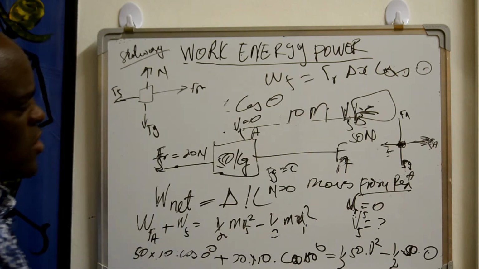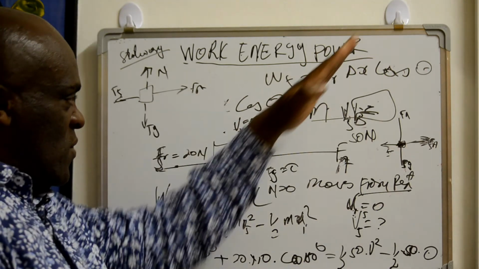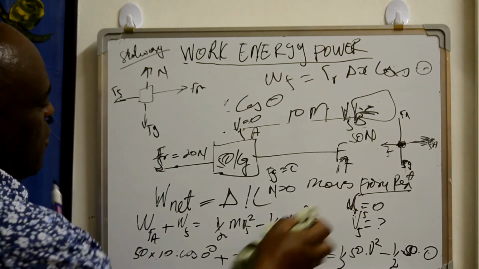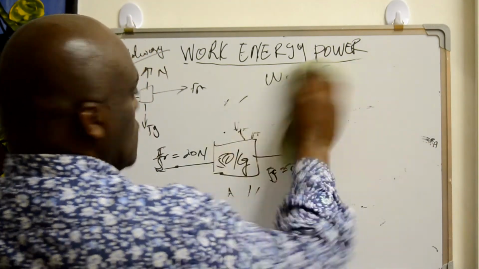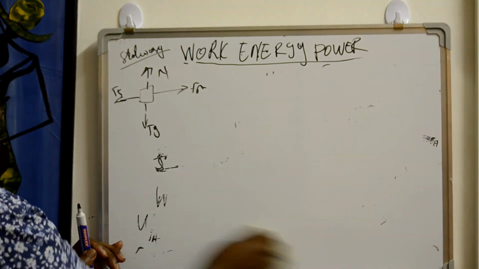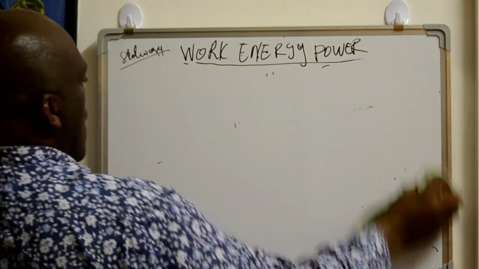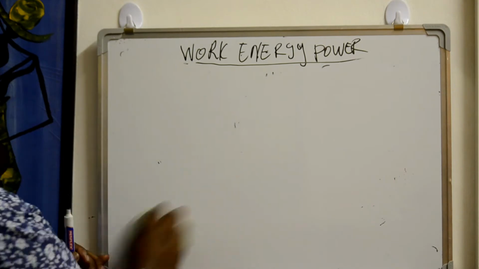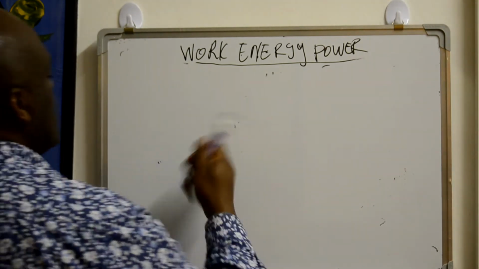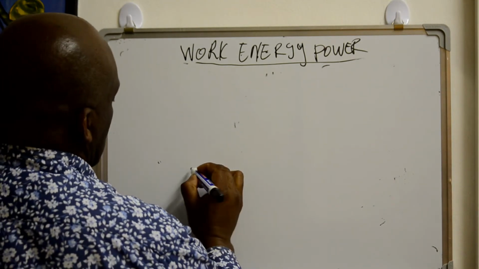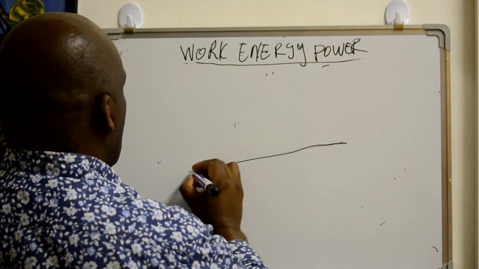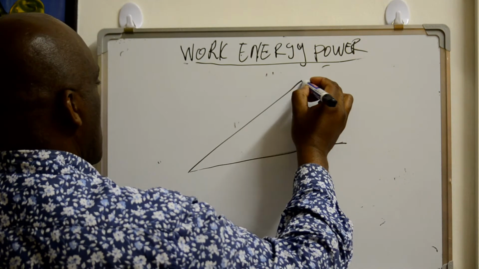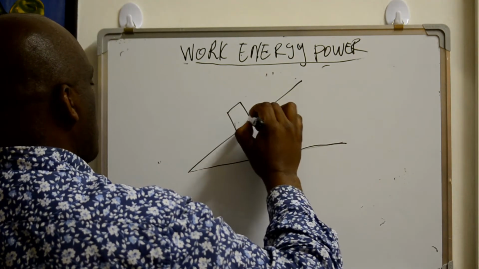Now let's take another example for an inclined surface. When it's an inclined surface, it's very important. If an object is moving on an inclined surface, for instance, let's say here is the box, this 50 kg box.